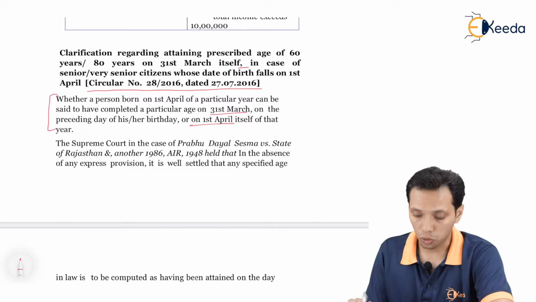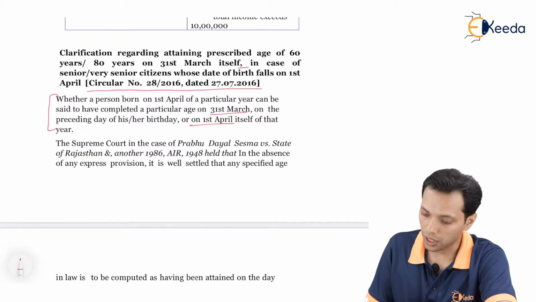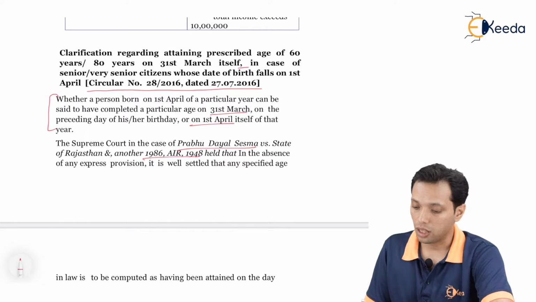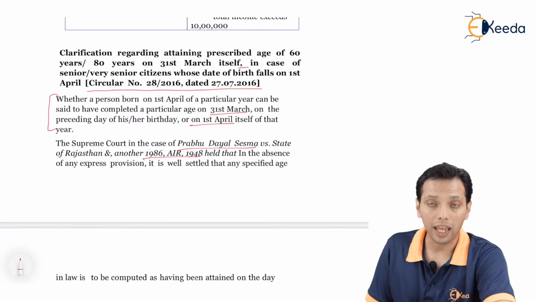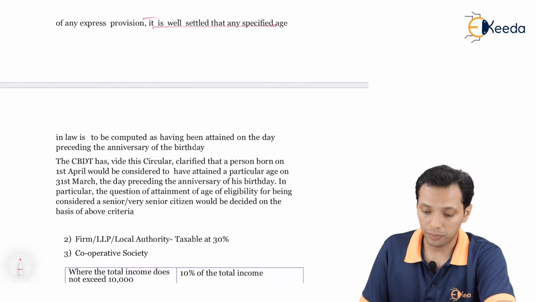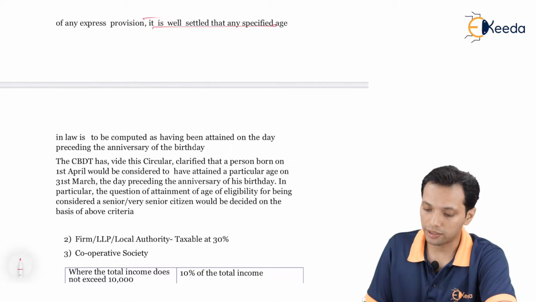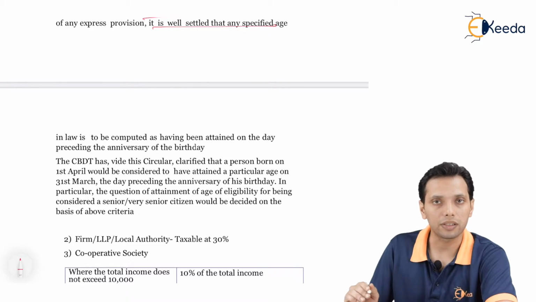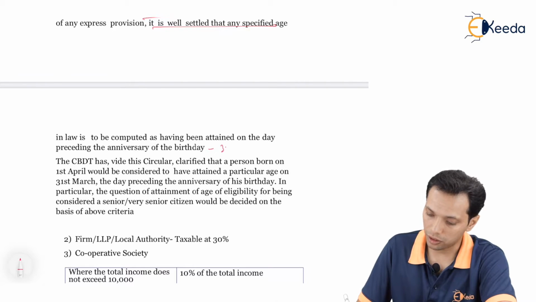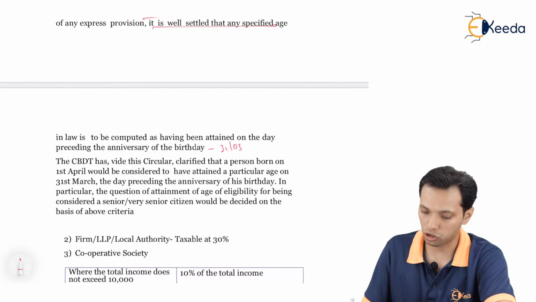In this case, the Supreme Court in the case of Prabhu Dayal Sheshma versus State of Rajasthan, 1986, held that in the absence of any express provision, it is well settled that any specified age in law is to be computed as having been attained on the day preceding the anniversary of the birthday. So in this case, it would be 31st March.